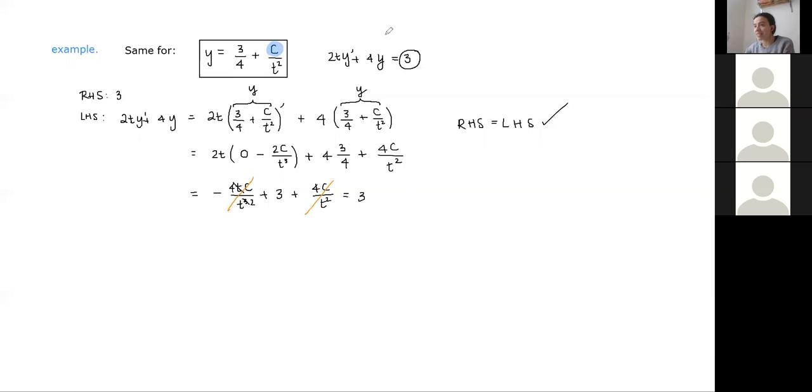Now that is because this function over here is what we call a general solution. So you might remember in the first section that we covered in this class that if we had the derivative of a given function, we were only able to find the general solution to my differential equation, right?